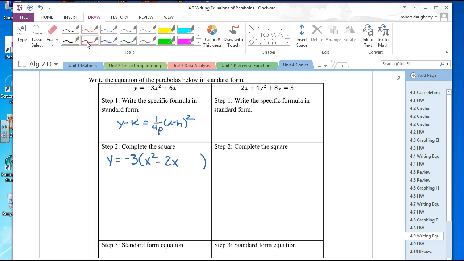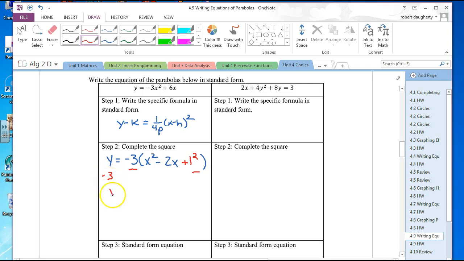Now to complete the square, what do I add here? Yeah, 1 squared. Now what did I really do on the right side of the equation? Yeah, it's subtracting 3, or adding a negative 3. If I subtract 3 on the right side, what do I have to do on the left? Subtract 3 over here.